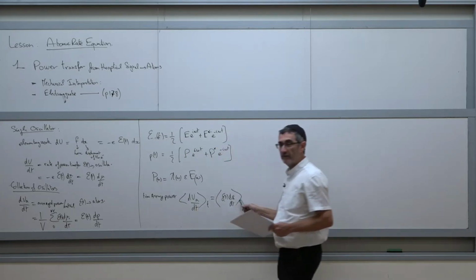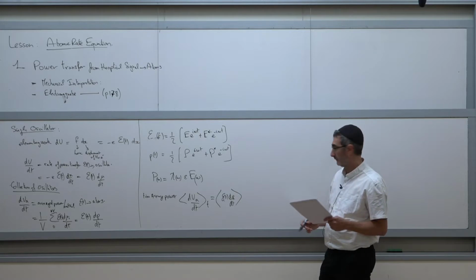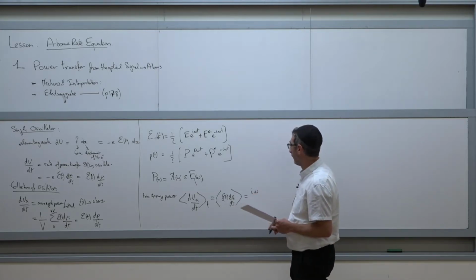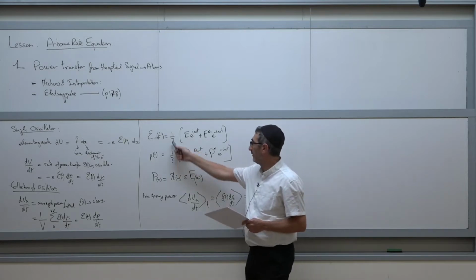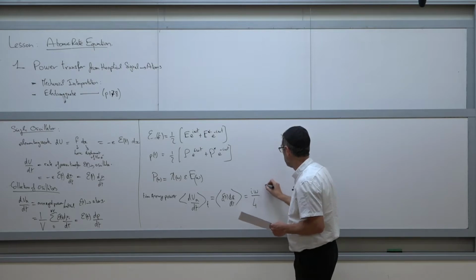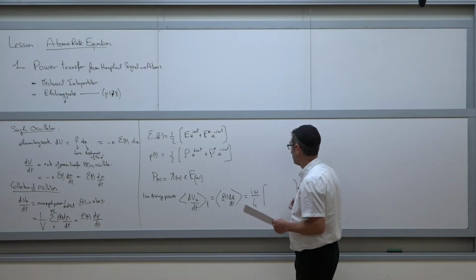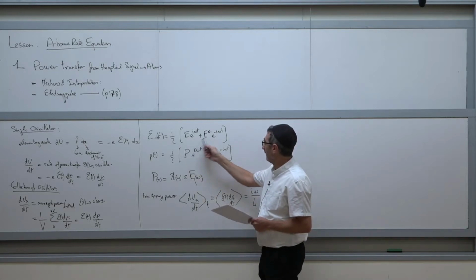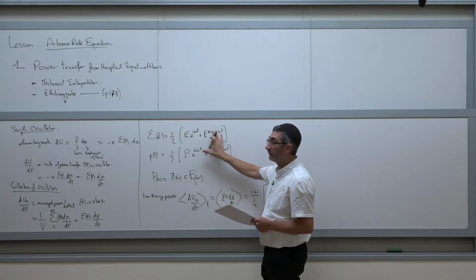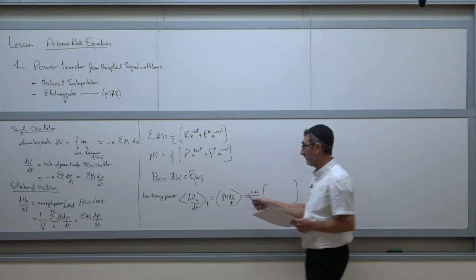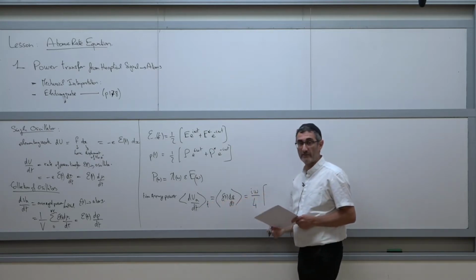So what are the terms that will be left here? There is an i omega in front because of the derivative. There is 1 over 2, 1 over 2 is over 4, times these terms that will survive, because you have i omega t minus i omega t, so it's constant. This will survive after averaging over time.